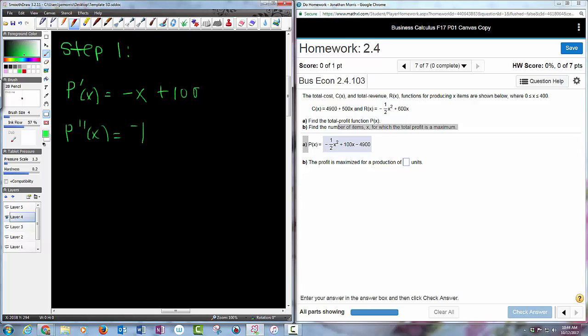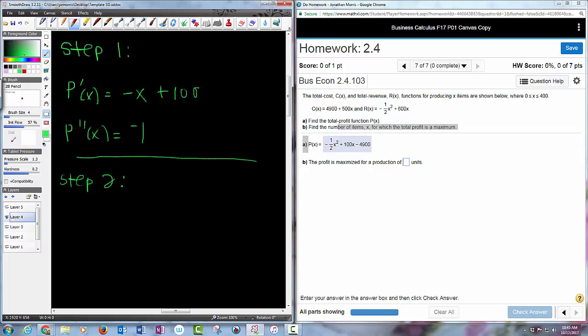Because my second derivative is negative, I do know that my absolute maximum will be at the critical x value, but I am going to keep on going through my steps. So step 2 is to find that critical x value.